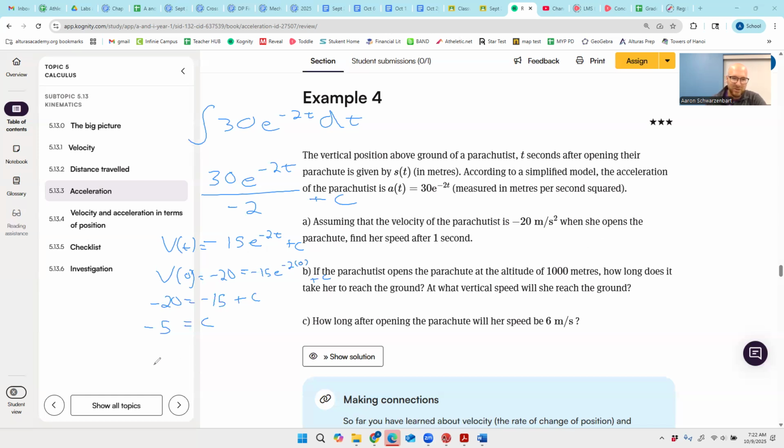Find her speed after 1 second. So now I need v of 1. Negative 15 e to the negative 2 times 1 minus 5, and I grab a calculator and I just stick that in.